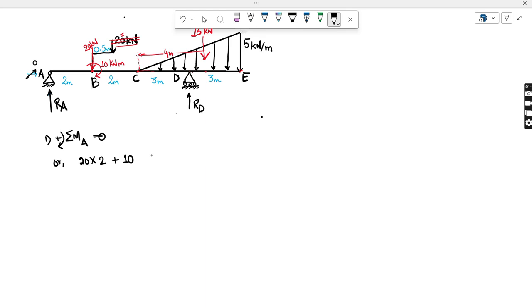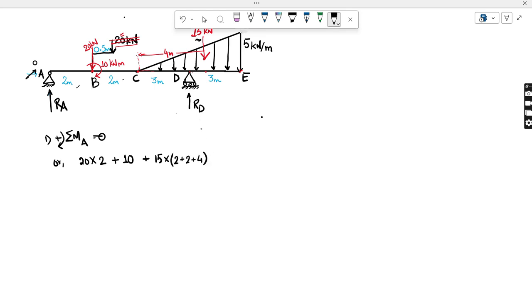Now coming to the 15 kilonewton, which is the equivalent point load of the UVL. So it is also giving a clockwise moment. You just have to add 15 into the distance of this 15 load from point A, which is 2 meter plus 2 meter plus 4 meter, so that will be 2 plus 2 plus 4.